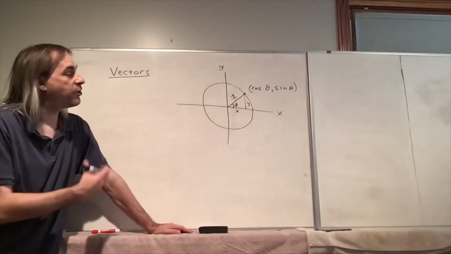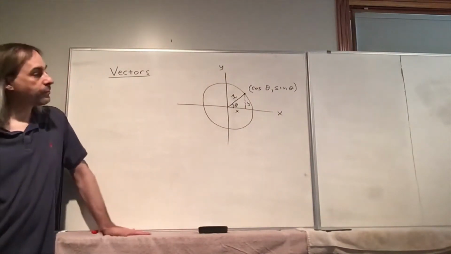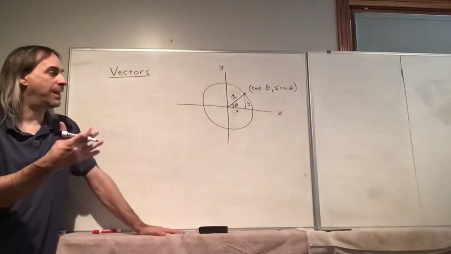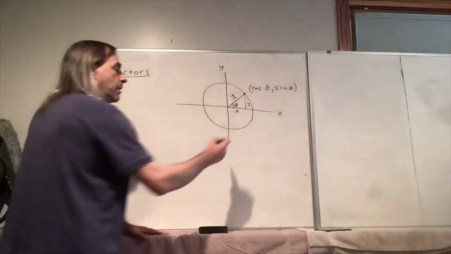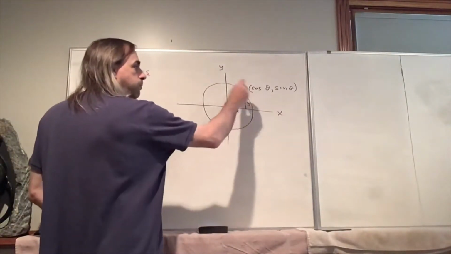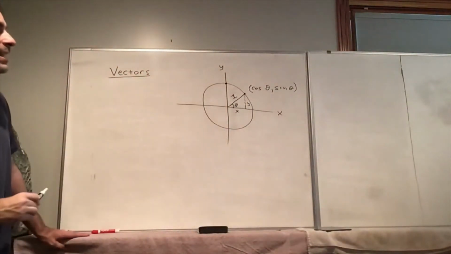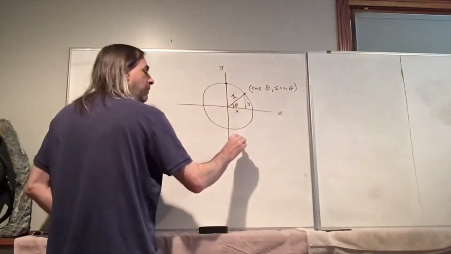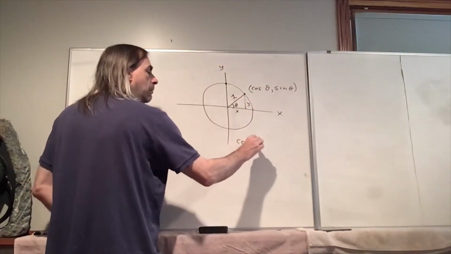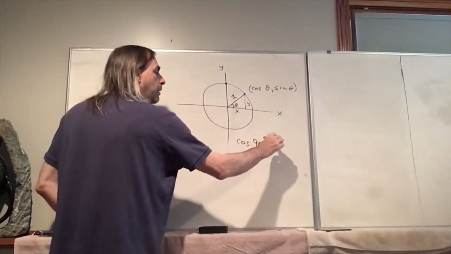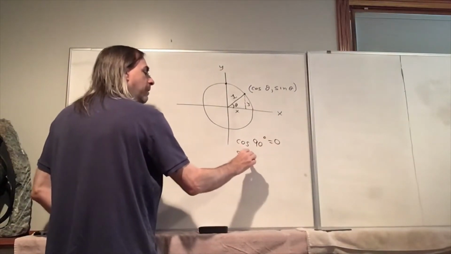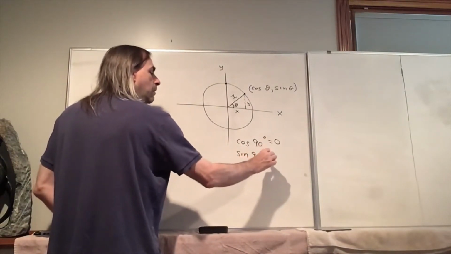Now, the advantage to the unit circle approach is, let's look at an angle like, say, 90 degrees. So 90 degrees would be right here. The x-coordinate is 0. So cosine of 90 degrees equals 0, and sine of 90 degrees is 1.